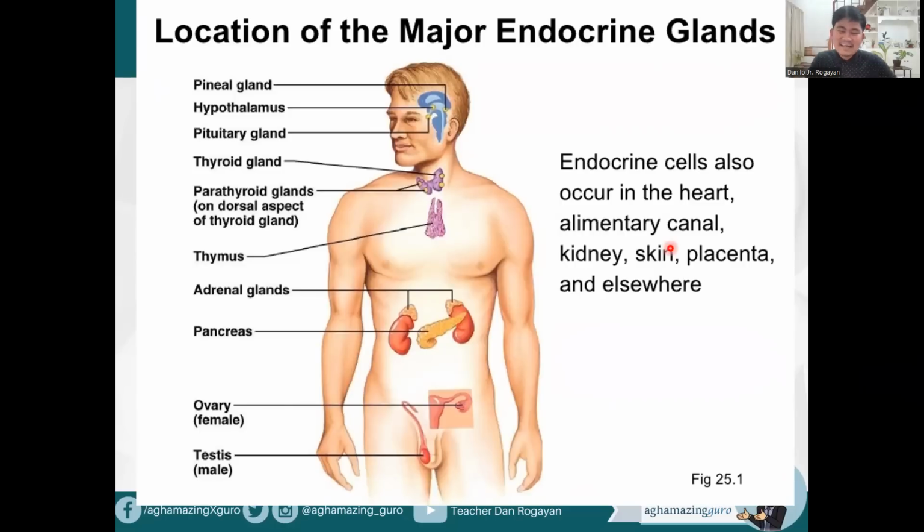Okay. Not sperm and egg. Ha? Sige. Okay lang yan. So ovary is of course progesterone and estrogen. How about testes? Anong hormone produced by the male reproductive organ? Of course, that is your testosterone. That's correct.